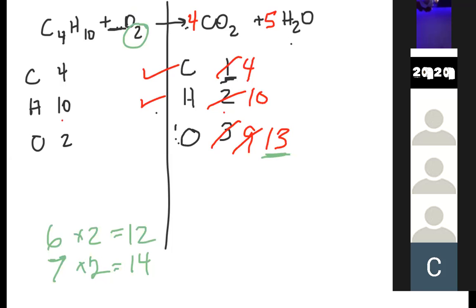However, if in a perfect world I could put 6.5, then I'd be good, correct? But I can't.